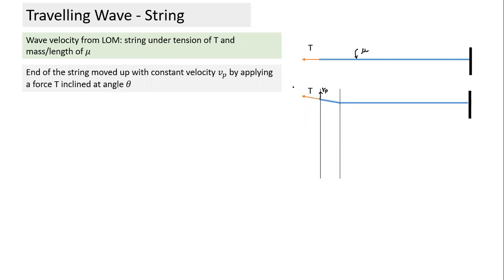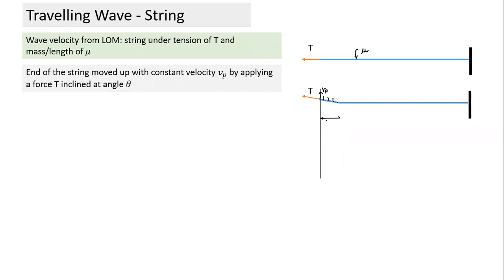So what has happened when we applied this force here? This particle starts moving, and all these particles also. It can retain a straight line shape only when all particles have the same velocity Vp. So when we apply force, after some time, this is the part of the string up to which the wave, or disturbance, has traveled, and let this distance be x.